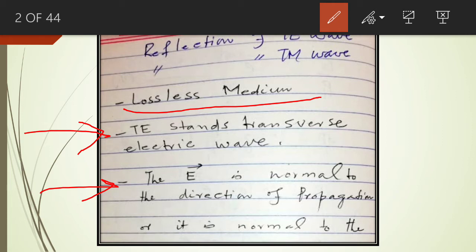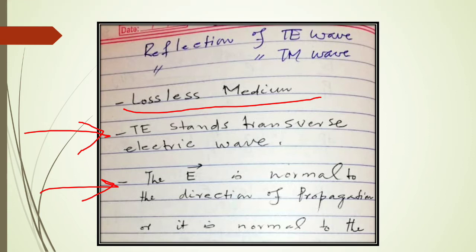Why? Because when the electric field intensity is normal to the plane of propagation, then the wave is known as transverse electric wave.